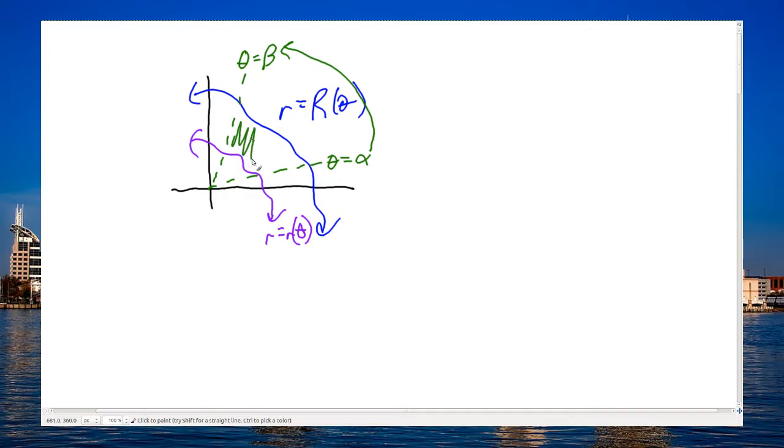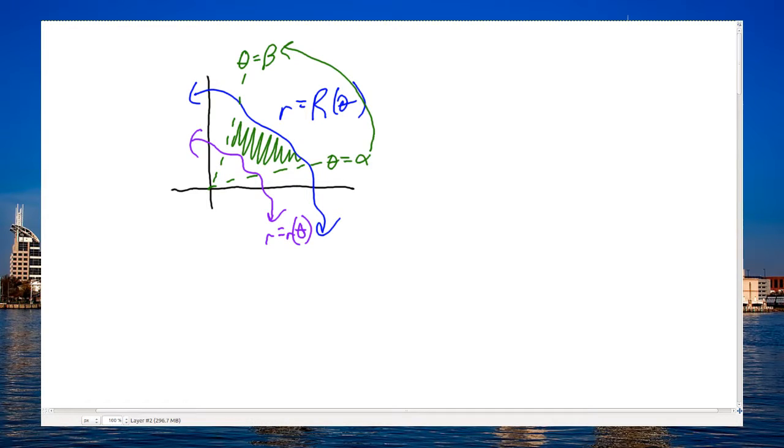So I'm looking for this area right here. Well, all I have to do is think of it as I want the whole area, that would be all of this area, but I want to subtract away the area inside the purple. And if I take the purple away from the blue, I'm left with that green that I had there.